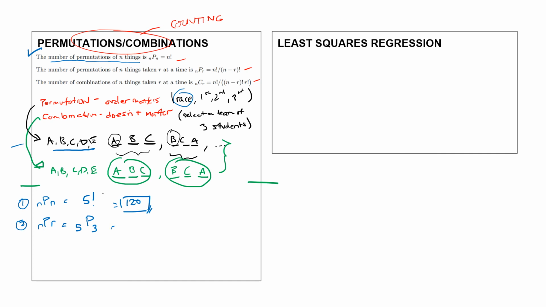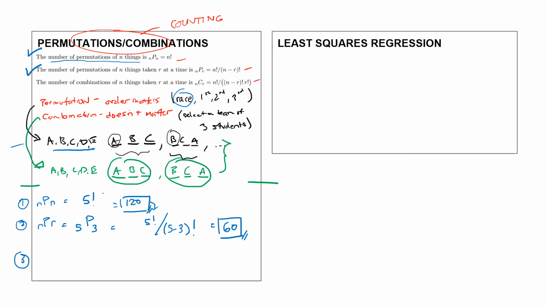So we can use the formula that they gave us, that's 5 factorial over 5 minus 3 factorial, okay? So it's basically 120, which we had before, divided by 2, so that's 60. And so there's 60 ways that these 5 students can come in first, second, and third place.